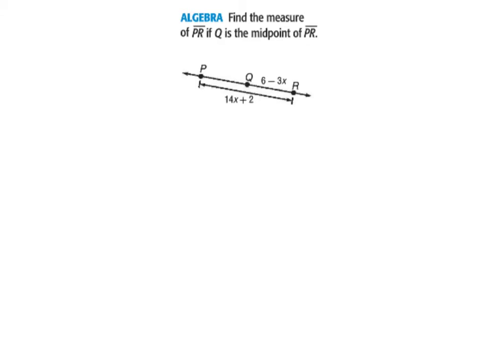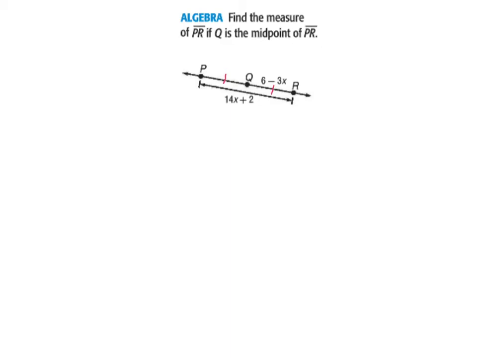Here, we need to find the measure of PR, which is the whole segment from one end to the other, which is denoted by 14x plus 2. Q is the midpoint. Again, that makes this piece and this piece congruent.